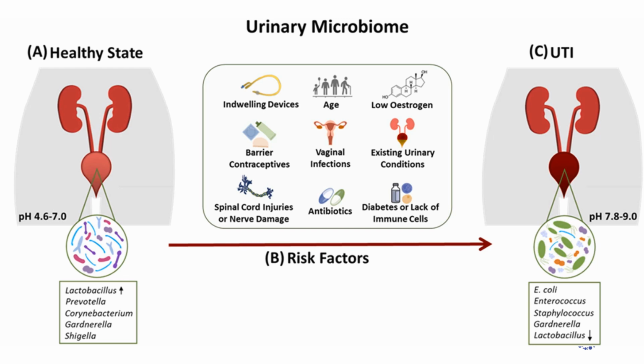When someone has a urinary tract infection, the pH of the bladder increases to anywhere between 7.8 and 9. This basic level of pH encourages the growth of pathogens like E. coli, Enterococcus, Staphylococcus, Gardnerella, and Lactobacillus.